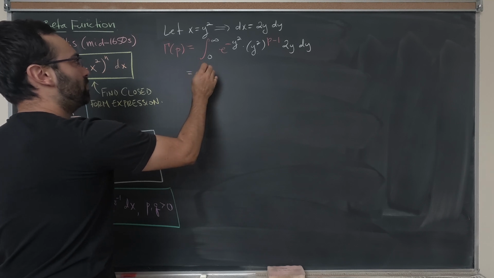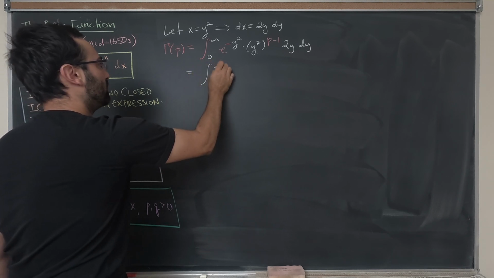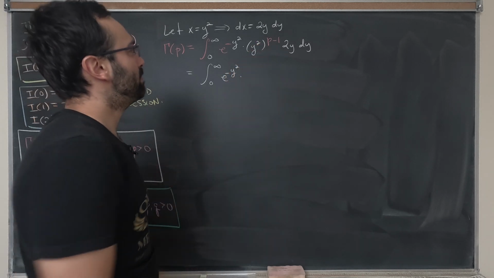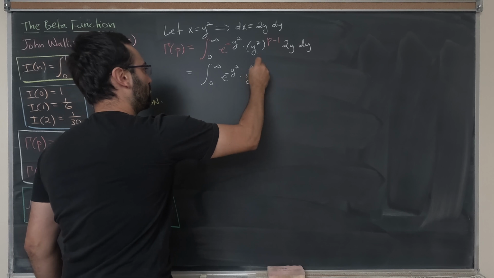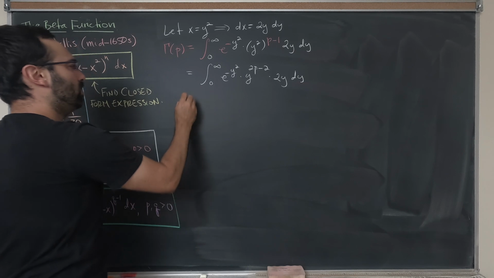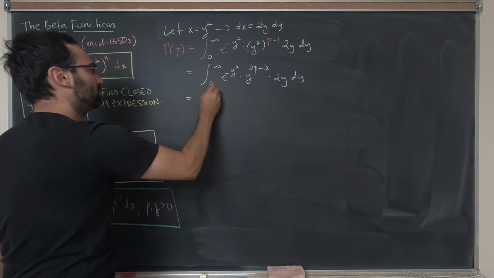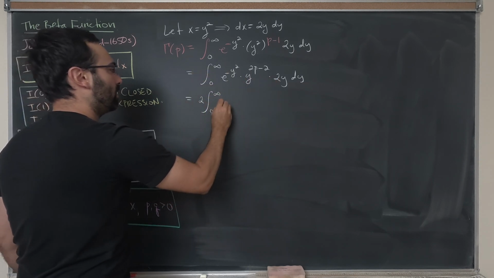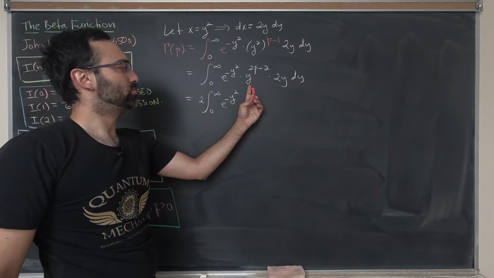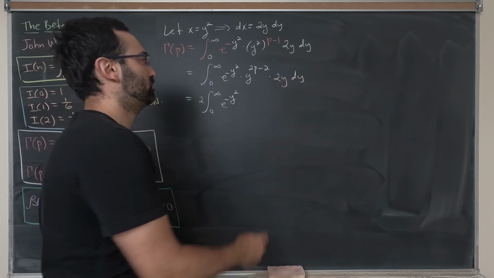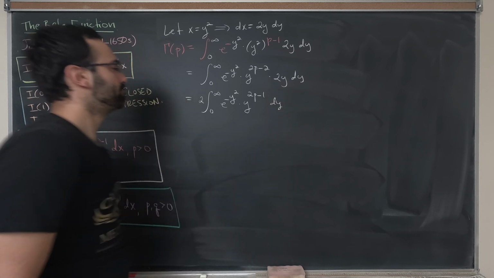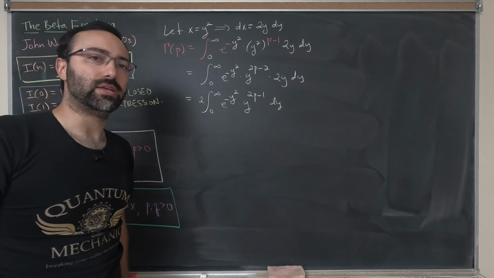This is the integral from 0 to infinity of e to the minus y squared times y to the power 2p minus 2 times 2y dy. Okay, well this 2 can be brought up front. We'll leave this exponential here. And then this y to the 2p minus 2 times this y will add exponents to give us y to the 2p minus 1 dy.